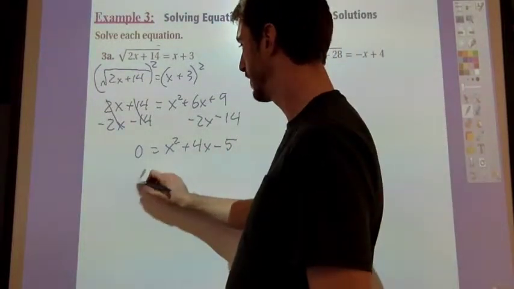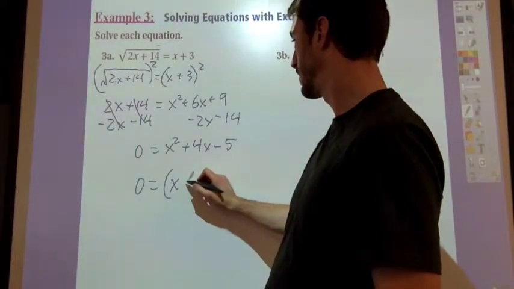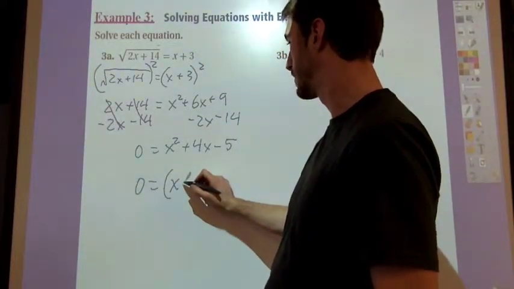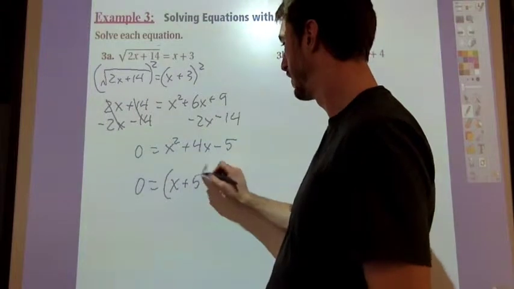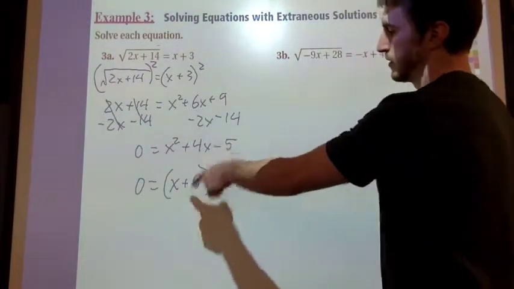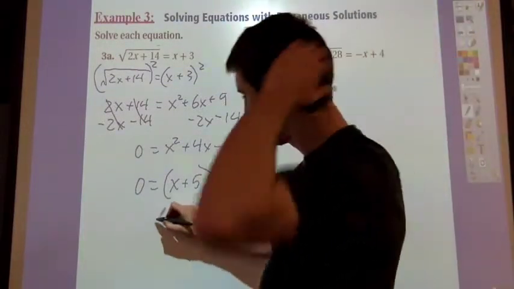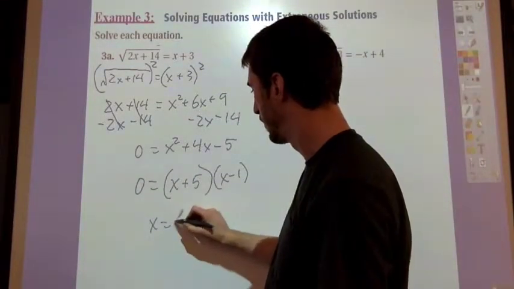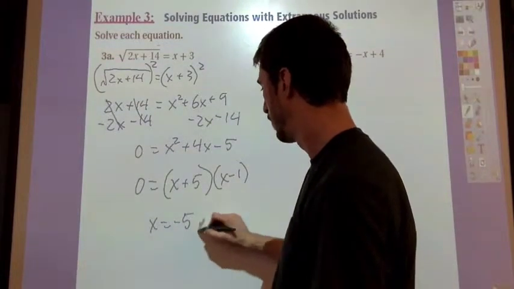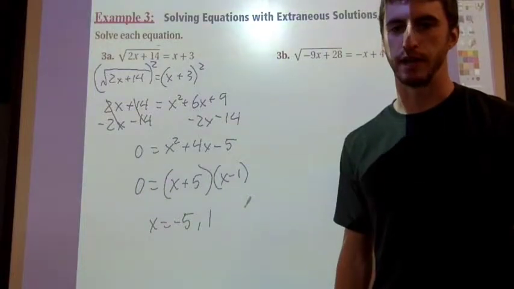Then I have to factor that, so I have 0 equals x plus 5 times x minus 1, right? Two factors of negative 5 that are going to equal 4. Does that work? Yes, it does. So then I have x equals either negative 5 or positive 1 or both. But we have to check, okay?